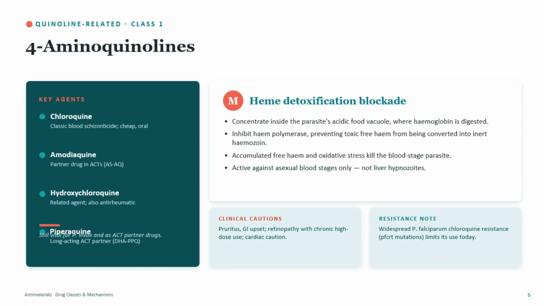Note that it's active against asexual blood stages only. The key teaching point I'll leave you with is that widespread chloroquine resistance, driven by transporter mutations, ended its first-line role for falciparum, but partner drugs like amodiaquine and piperaquine keep this class relevant inside ACTs.